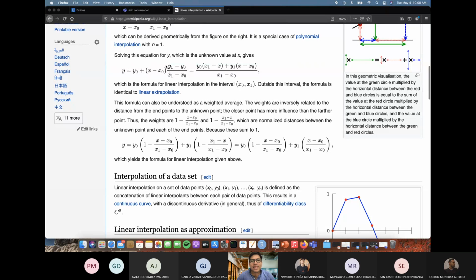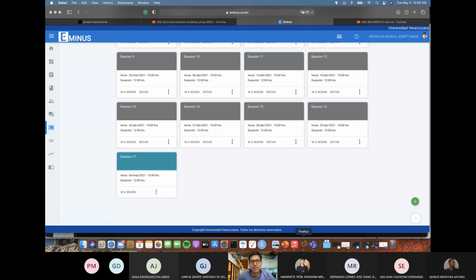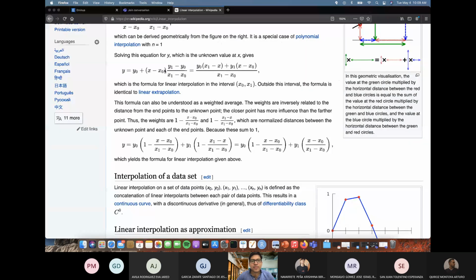We are assuming that the value between this and this follows a line, right? He wants to do the linear interpolation, so we will use this equation. We can just write it down.